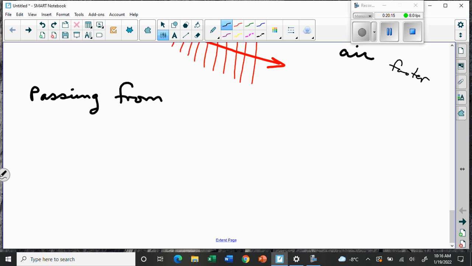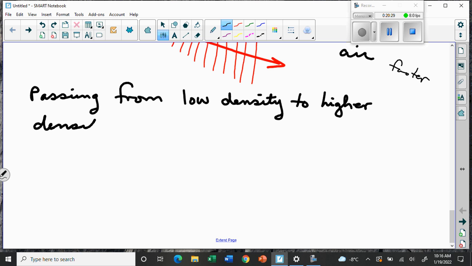So if you pass from low optical density to higher density, that was the situation we had where we had air, which is lower, and water, which is higher. What happens is you bend.